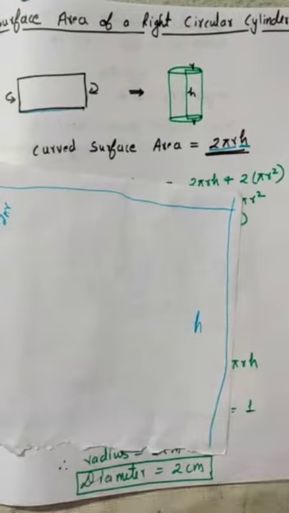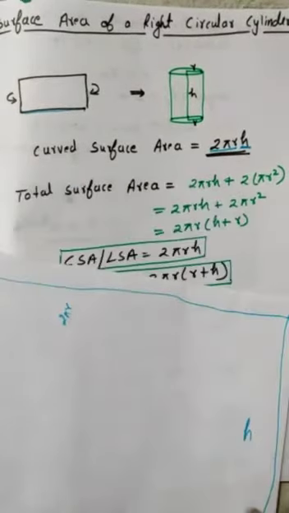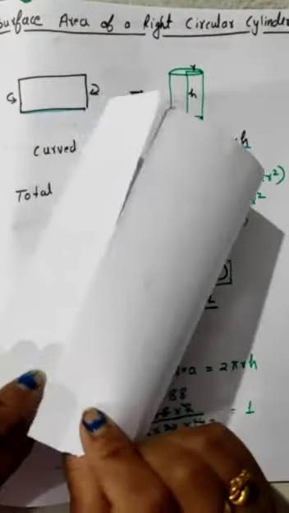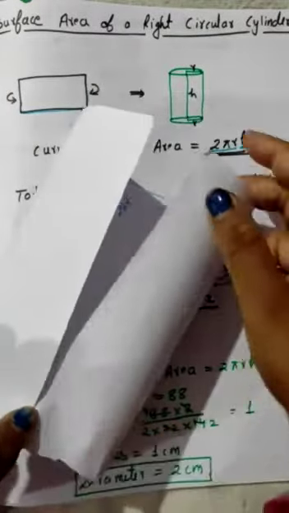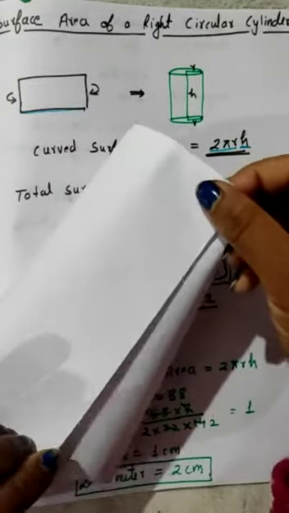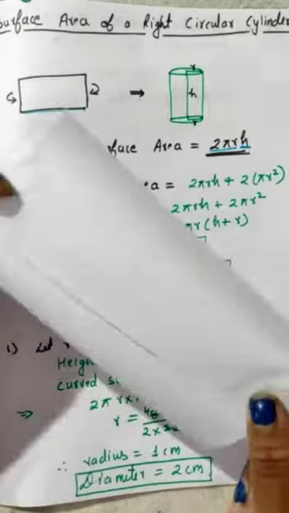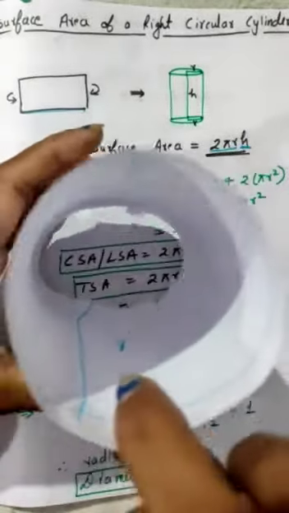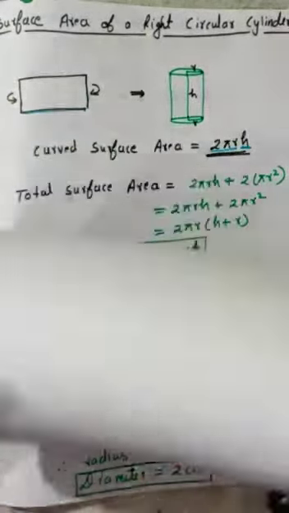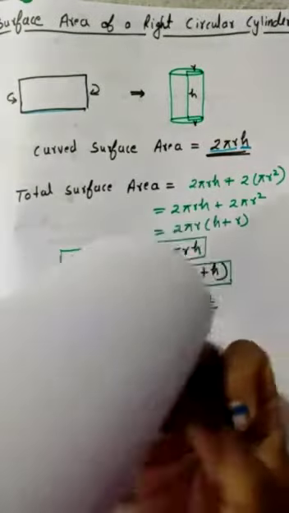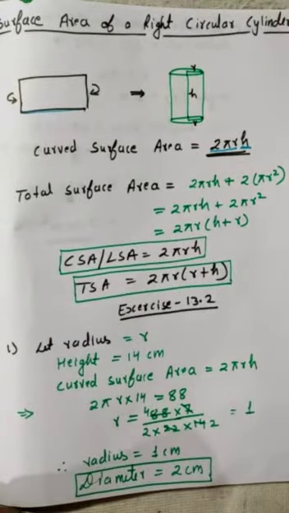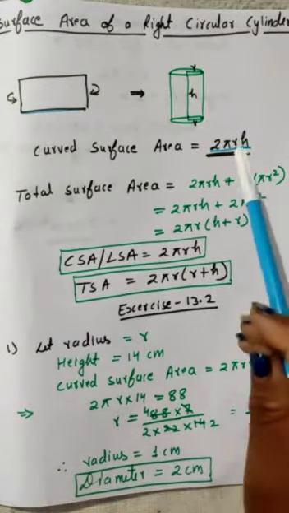Now what you have to do is just fold it. When you fold it and paste these two edges, I'm not using tape, I'm just folding it like this, you will observe that this has become a cylinder. Now the top of this is in the form of a circle and the bottom is also a circle. Okay, so its curved surface area will be 2 pi rh.